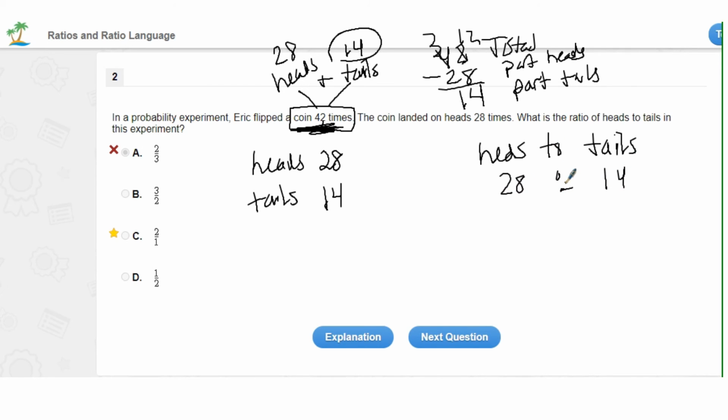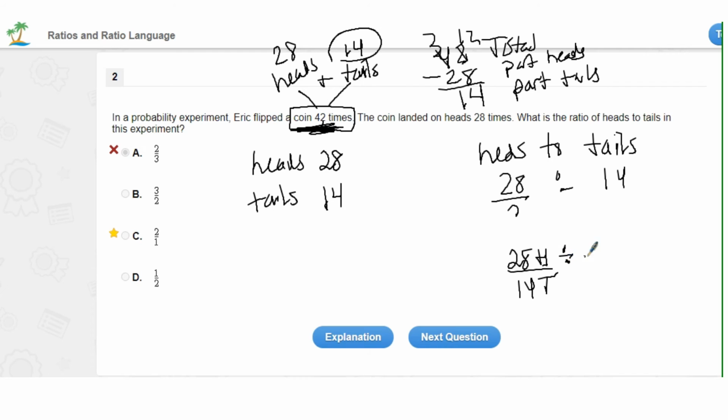And since 14 is half of 28, it'll be 2 to 1. So I'm going to write it as a fraction, 28 heads over 14 tails.